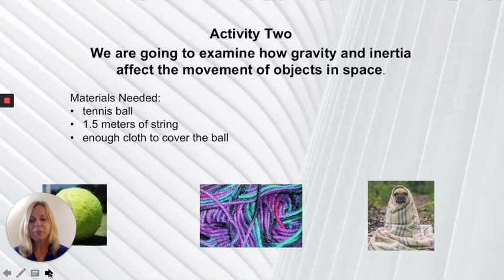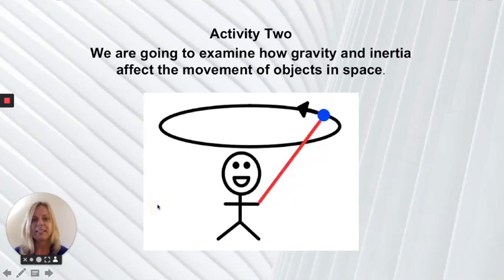You are going to be slowly spinning the ball in a circle. So you will hold the other end of your string and you will begin spinning the ball around in a circle.